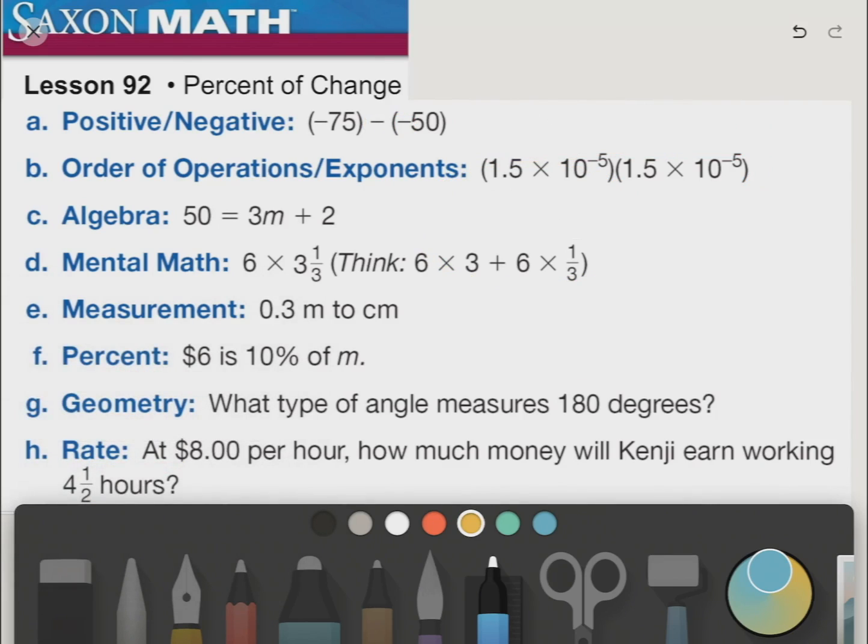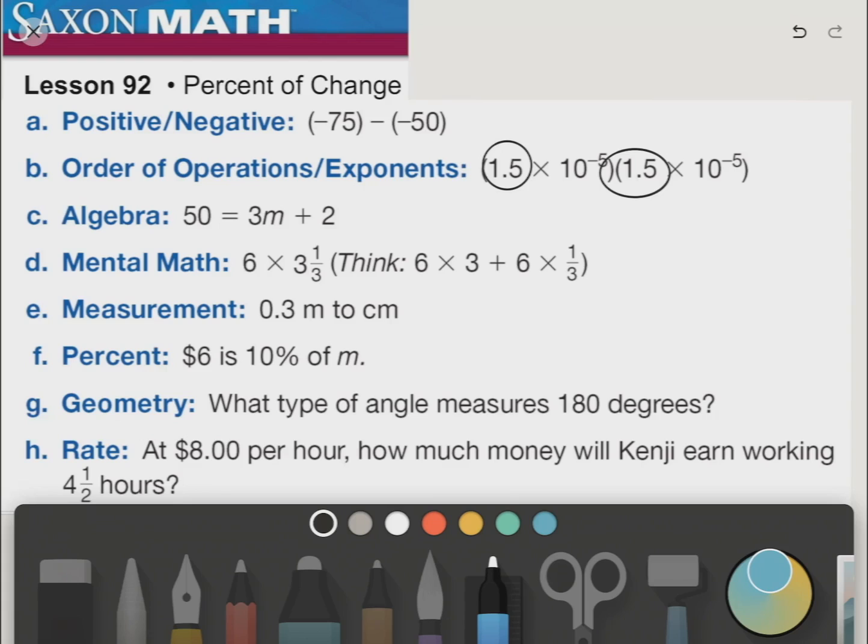Order of operations, exponents. Looking first at our 1 5/10 times 1 5/10, we're essentially squaring that. I can just do some quick mental math and think that half of 150 is 75.